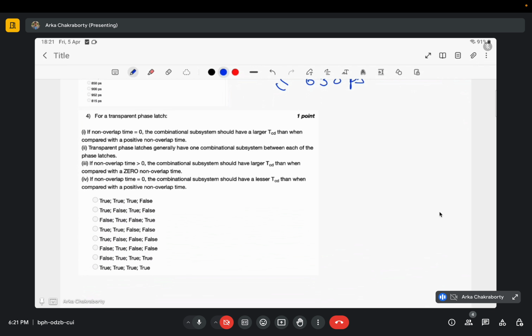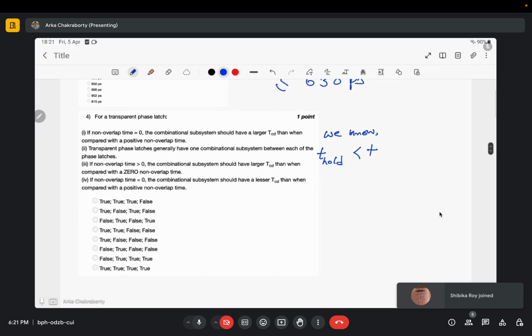The first statement is: if non-overlap time equals 0, the combinational system should have a larger TCD when compared with a positive non-overlap time. Let us look into it. We know, if you remember, what is the expression for T hold? T hold is less than T non-overlap.